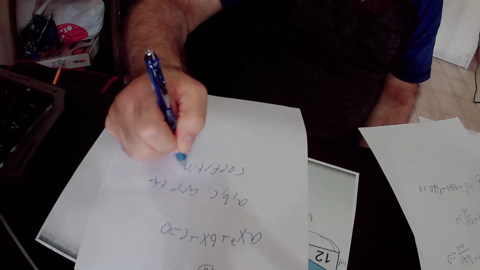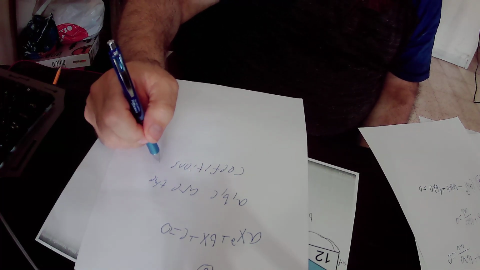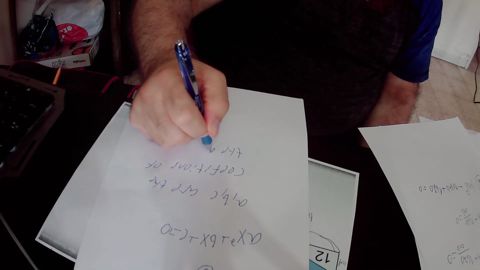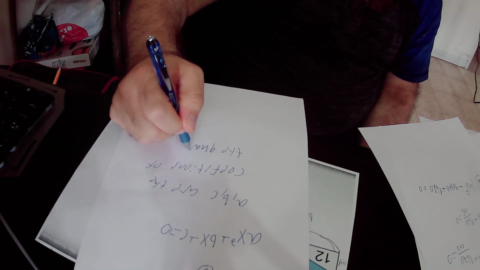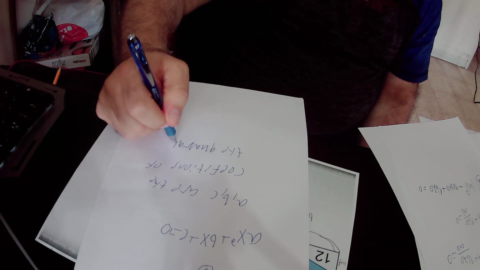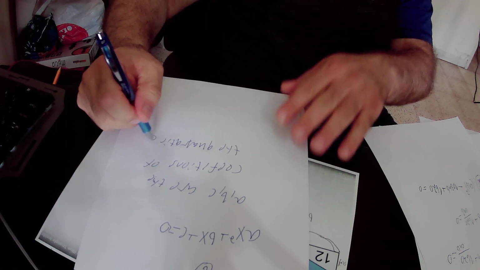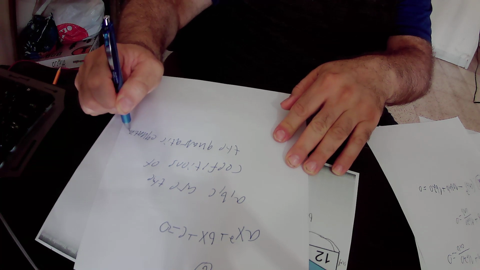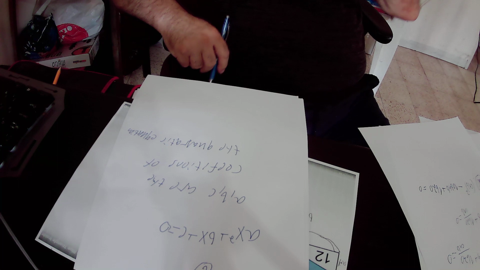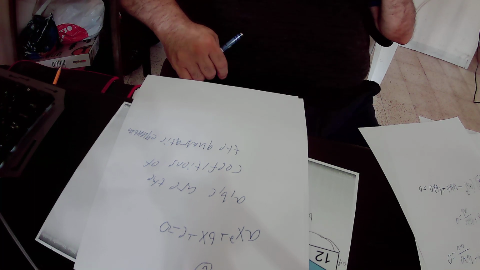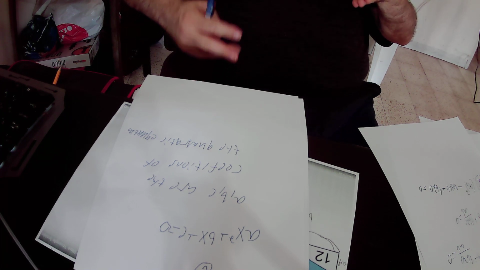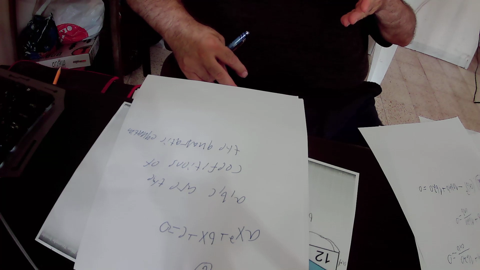Okay, A, B, and C are the coefficients of the quadratic equation. Okay, and actually the variable of this quadratic equation is x.